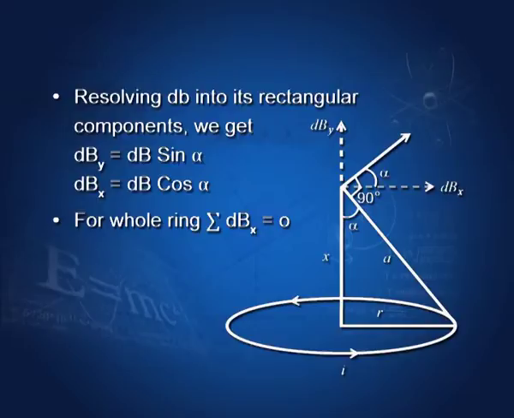As dBx is along the x axis, when we move the current element on the whole loop, the dBx will also move in the loop. As a result, the summation of dBx will be 0 because the opposite parts of dBx will cancel each other.